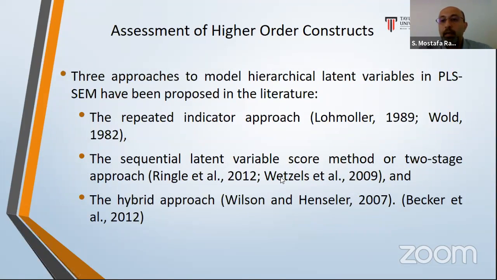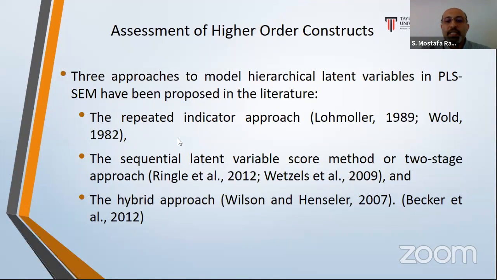There are two main approaches to assess higher order construct. One approach, which is very common and the traditional approach to establish and assess higher order construct, is the repeated indicator approach. This approach is very common, but it has some major limitation.